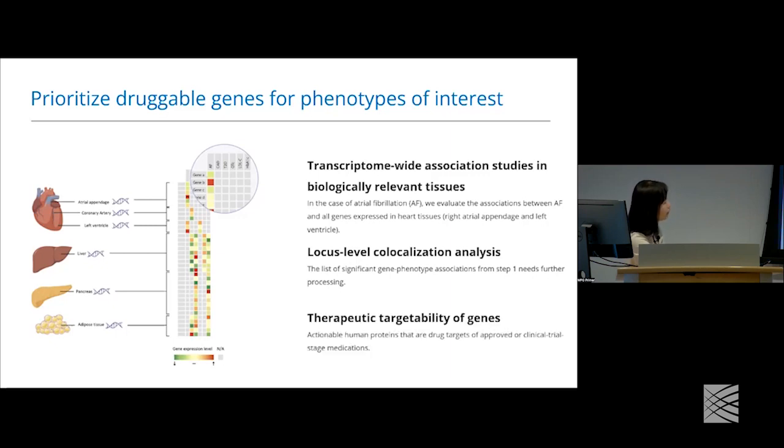The third step is that for gene-tissue-phenotype combinations supported by the first 2 steps, we annotate their therapeutic targetability. This means we find genes that encode actionable human proteins, and these proteins are drug targets of approved or clinical trial stage medications. For this step, we use a previously published data set.